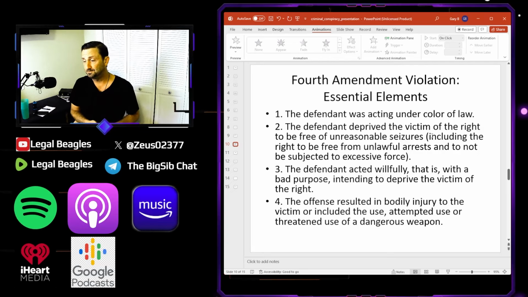Things of this nature. Number 2, the defendant deprived the victim of the right to be free of unreasonable seizures, including the right to be free from unlawful arrest and to not be subjected to excessive force.